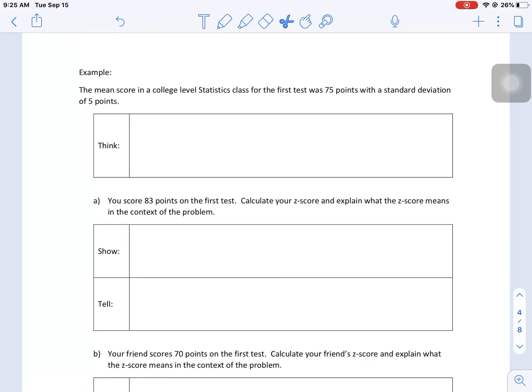In this example, the mean score in a college level statistics class for the first test was 75 points with a standard deviation of 5 points. So we have a sample statistics class, and we know that the mean is 75. So I'm going to say my X bar is 75. That's my mean.